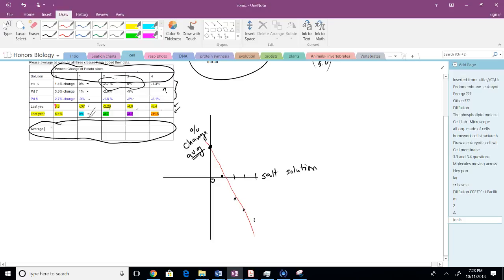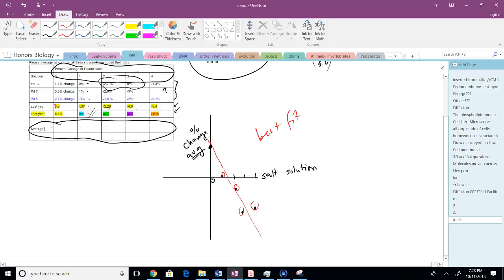Now we're going to do what's called a best fit line. A best fit line means that even if some of your dots are not perfectly in line, you want to see if you can eyeball a line that fits it. So let's say my data looks like that. A best fit line kind of just figures out where the line should go, where you've got 2 points slightly above and 2 points slightly below, and you're trying to fit that line.